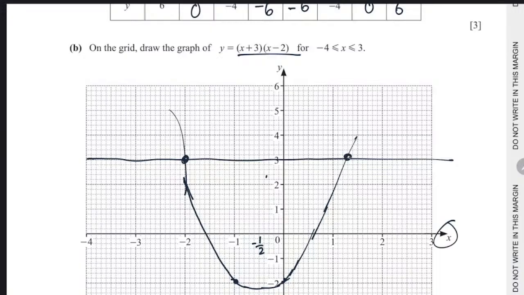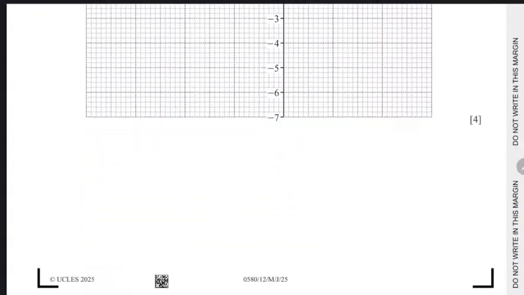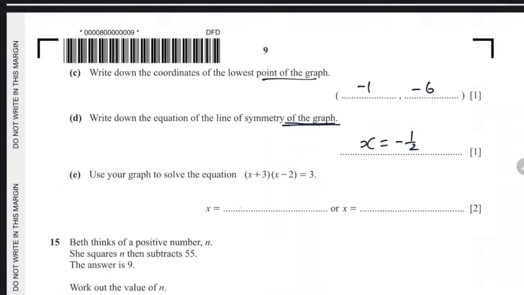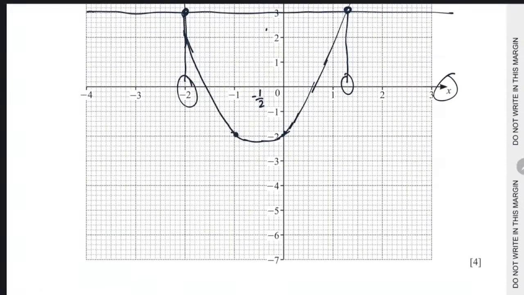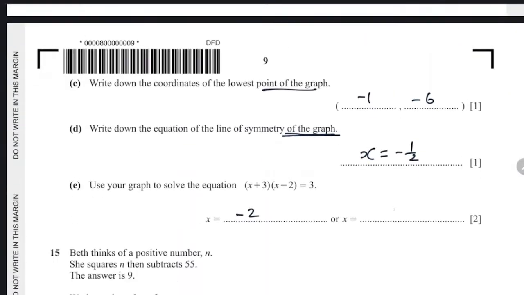You go down to the x-axis, those are your solutions. So in here we have x equal to -2, for example. You would already be saying x equal to -2. You understand? Then you go down, you check the value of x for the other one, and you put x equal to the other one. You just draw a line on 3, and you see where it cuts your graph.